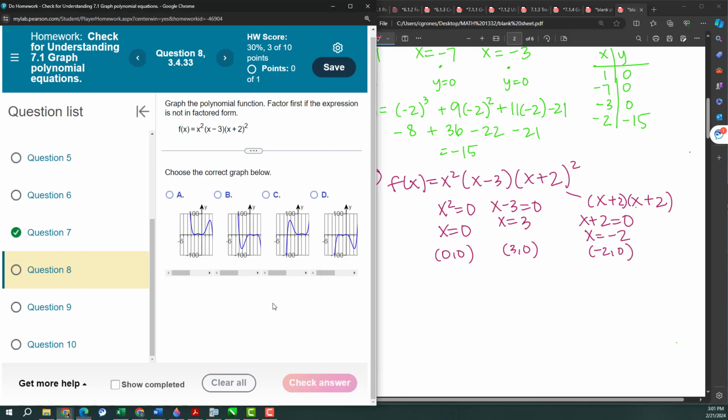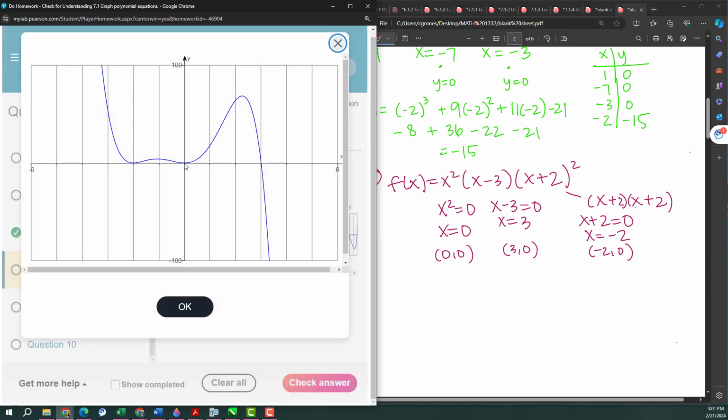So let's look at our graphs. We know it's going through the origin. So let me make this one bigger. So we've got (0, 0), we've got (3, 0), and also (negative 2, 0).